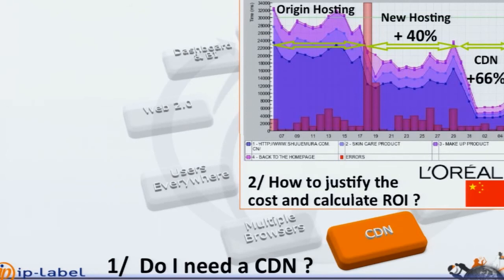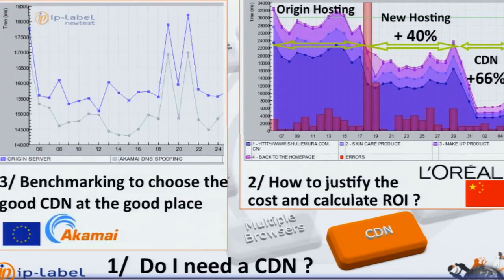A typical example in China, where a CDN solution added up to 66% less in the response time, so it is very quick and easy afterward to measure the return on investment. It's also good to be able to benchmark and compare CDN providers before picking the best one. This is typically what we're doing in France, for instance, with Akamai, comparing with or without the origin or CDN servers on the same transactions.